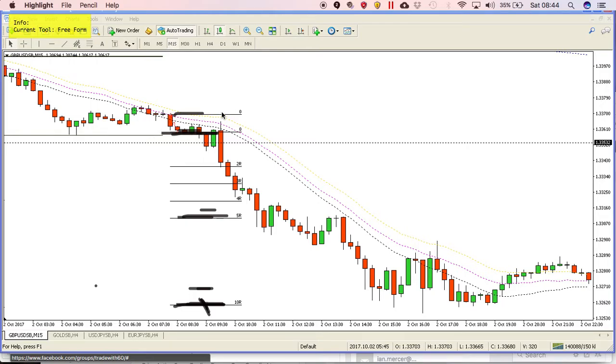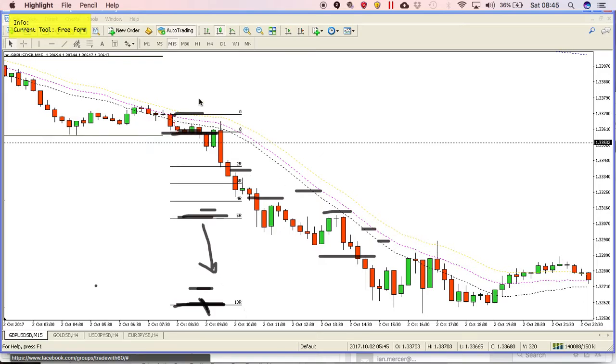And then once we get a breakdown from 5R but we haven't reached 10R yet, I start to trail my stop down and lock in some profit behind the swing points. And the further we get, the tighter I'm going to get with that trail. So if there isn't a swing point between 5 and 10, I might just lock in 8 here, or you could trail it down on these moving averages.